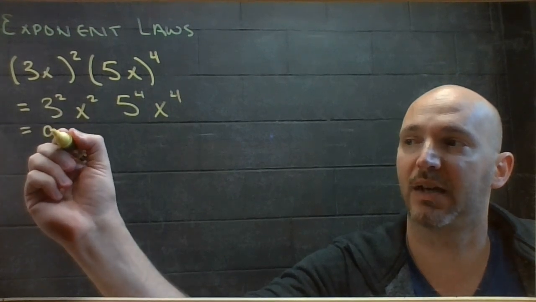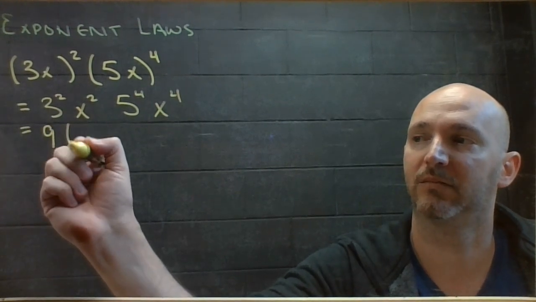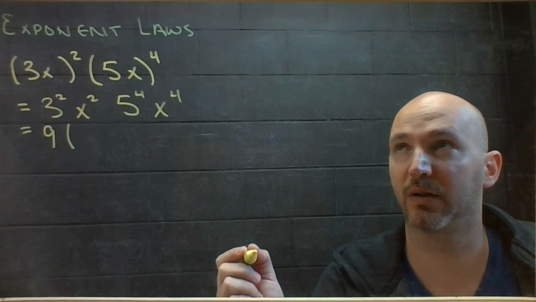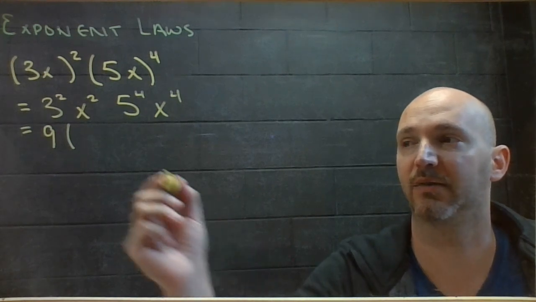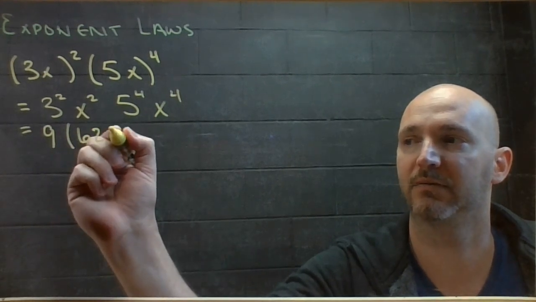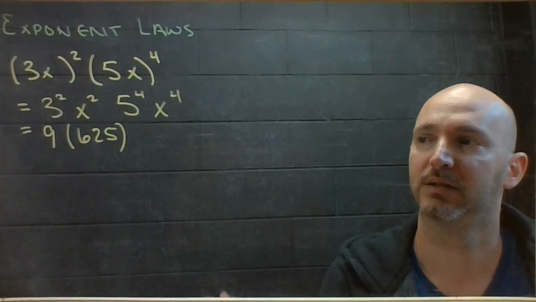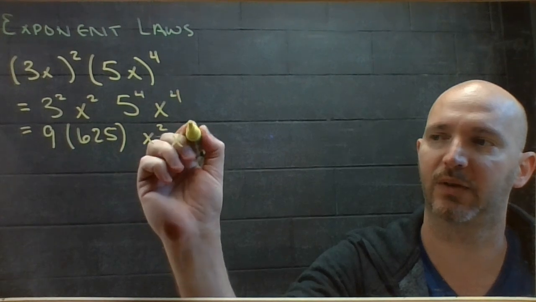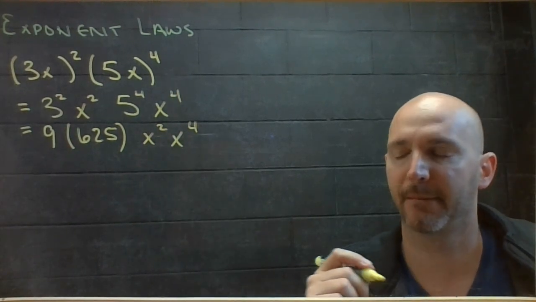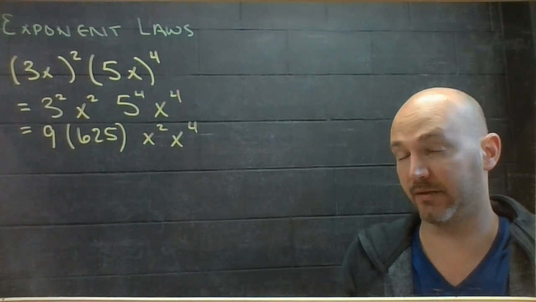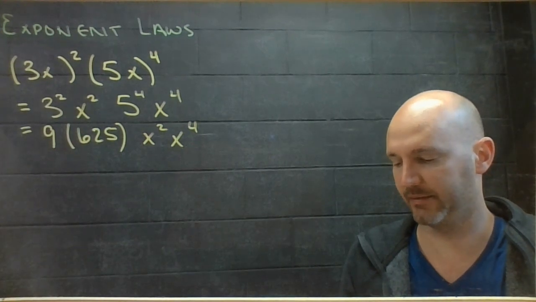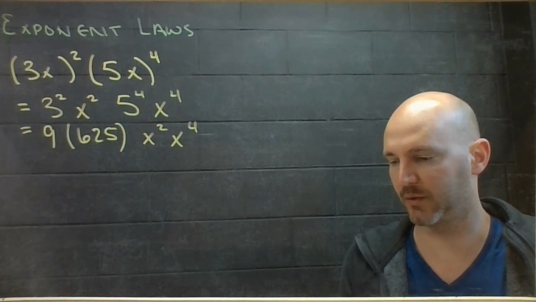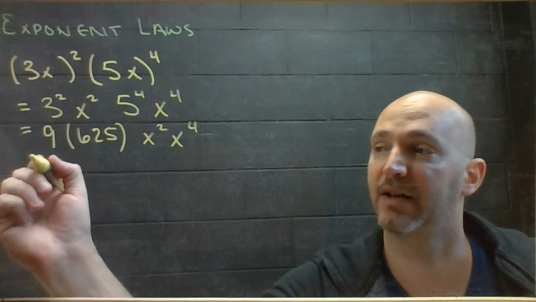3 squared is 9. 5 to the power 4 is 625. And then I have an x squared here, and I have an x to the 4 here. Now 9 times 625, I'm not going to try that in my brain this time in the morning. 5,625.